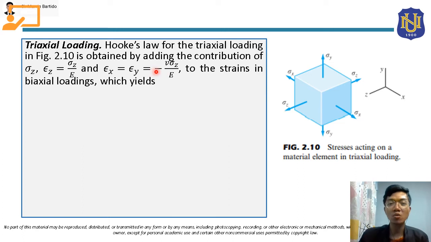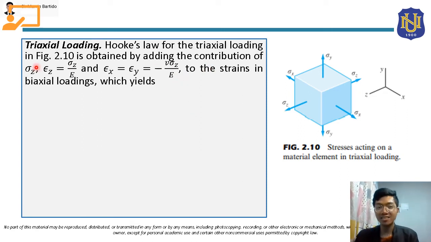This will be equal to negative v sigma z over E, where v, or nu, is the Poisson's ratio. So we are just going to add this to the strains in biaxial loading that we already derived in our discussion for biaxial loading.